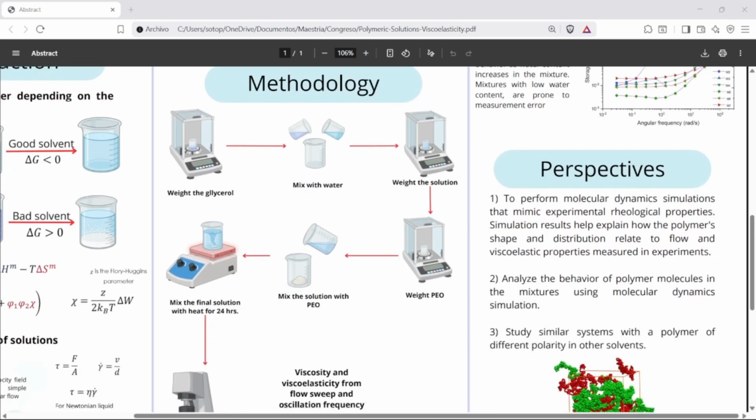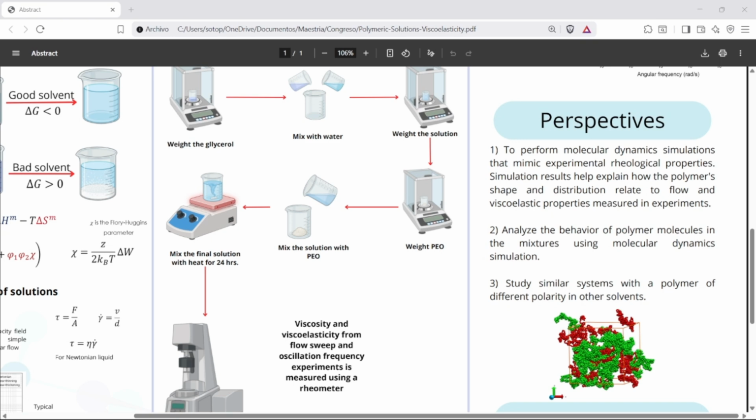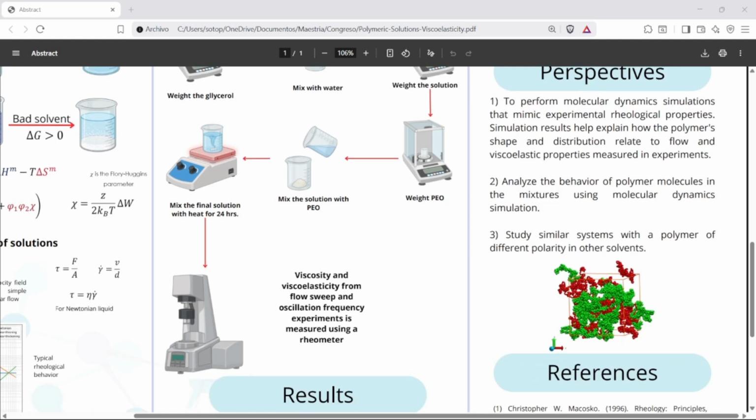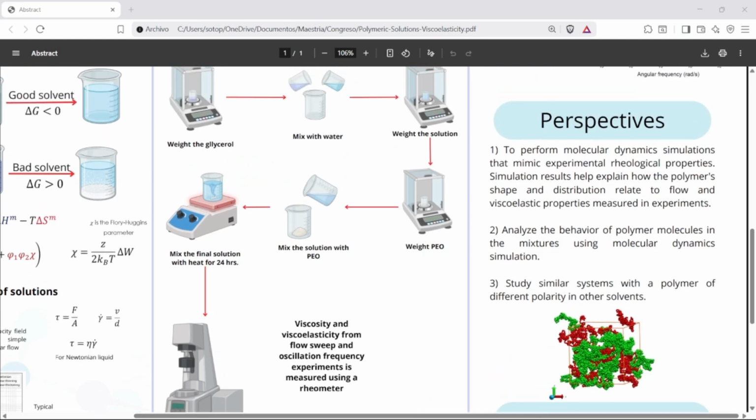As a perspective, we want to perform molecular dynamics simulations that mimic the experimental rheological properties. Simulation results help to explain how the polymer's shape and distribution relate to the flow and viscosity properties measured in experiments. Molecular simulation has different advantages for trying to understand the different behaviors of the polymeric solution.